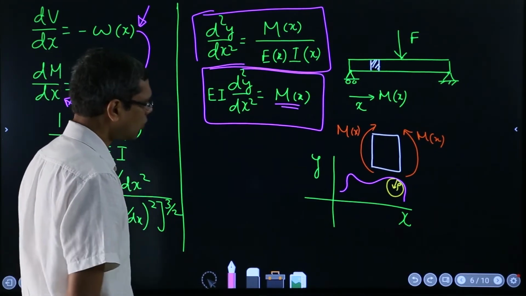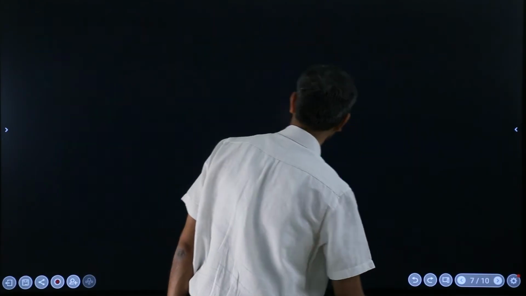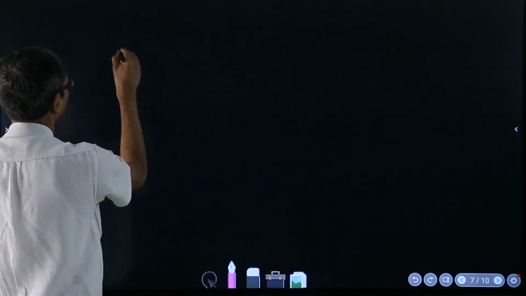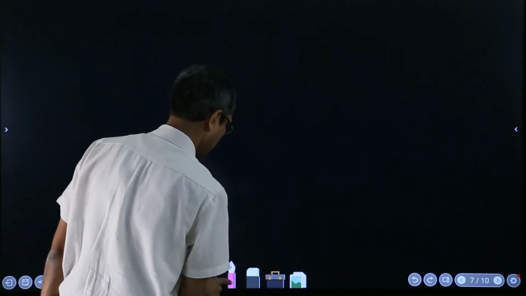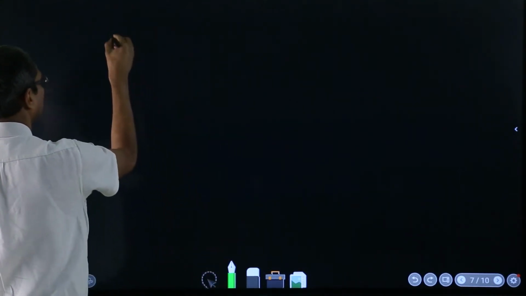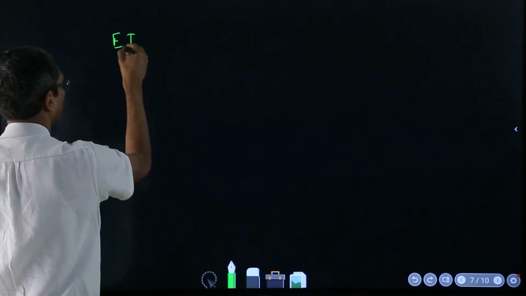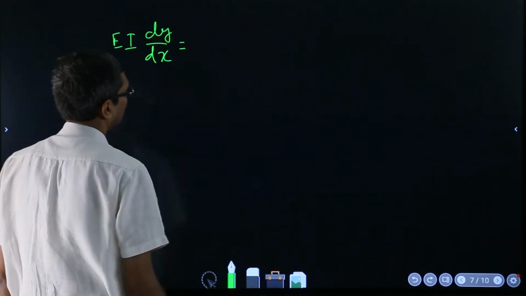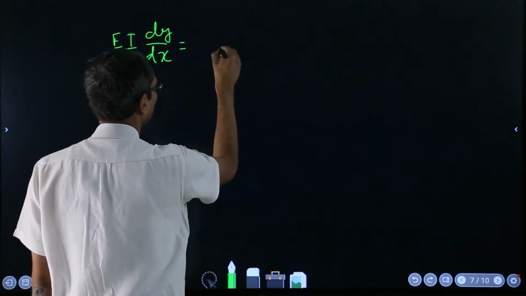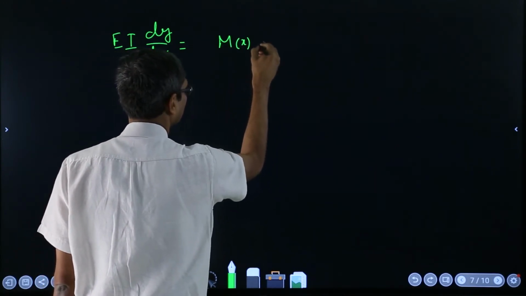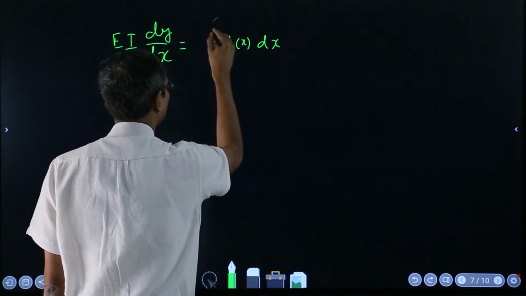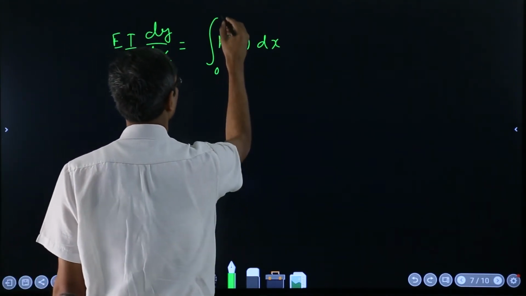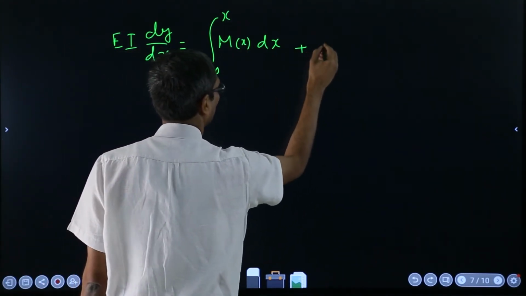And then what you can do is integrate this formula once to get dy over dx equal to the integral of M as a function of x dx, say from 0 to x, plus some constant c1.